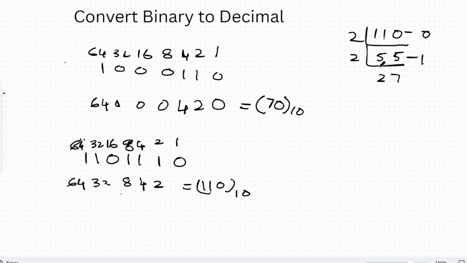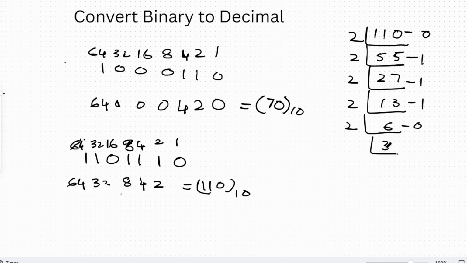The remainder is 1. Divide by 2, 13. Remainder is 1. Divide by 2, 6. The remainder is 1. Divide by 2, 3. The remainder is 0. And 2 1s, and the remainder is 1.